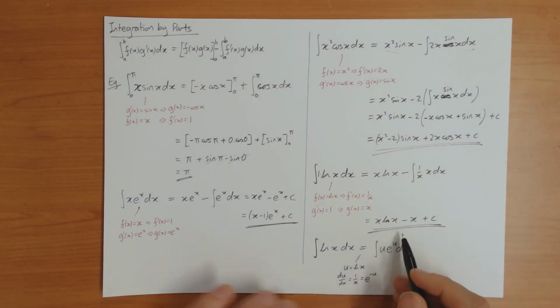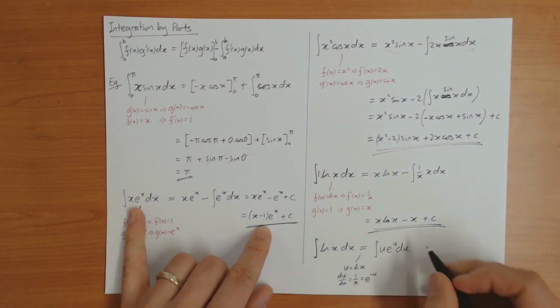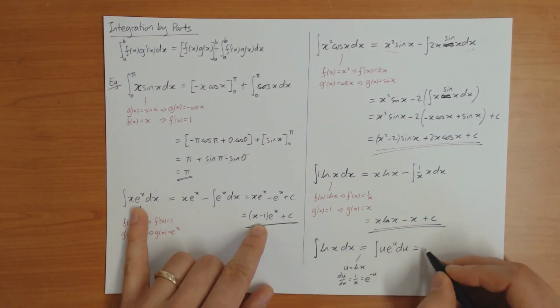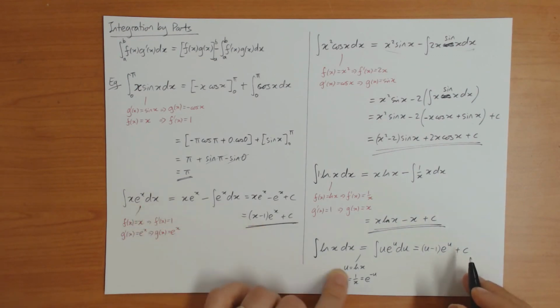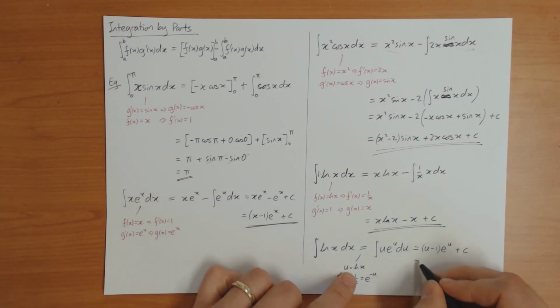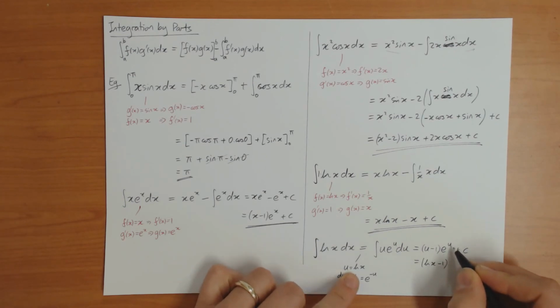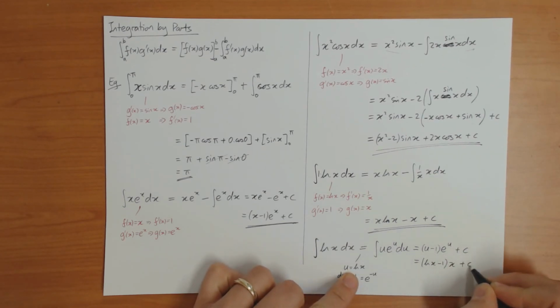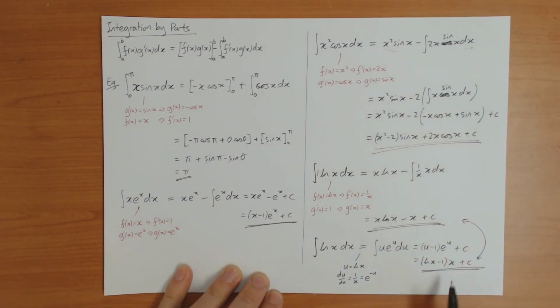And then this one is the same as you've got here, which you can do by parts. It's just the same but with x replaced by u, so this is u minus 1 times e to the u plus c. And then finally, if I put in what u is, then u minus 1 is log x minus 1, and e to the u is just x, plus c. Okay, and you can easily check that these two answers are the same.